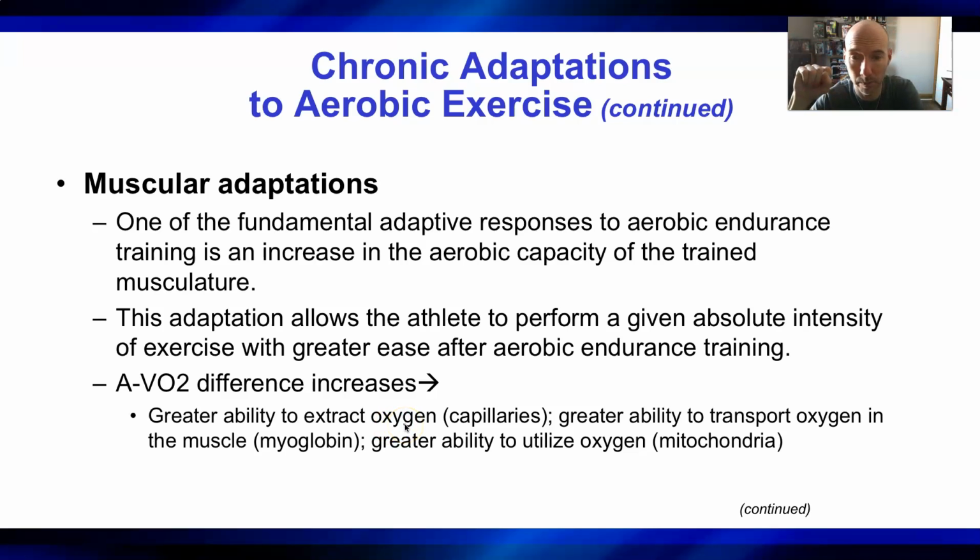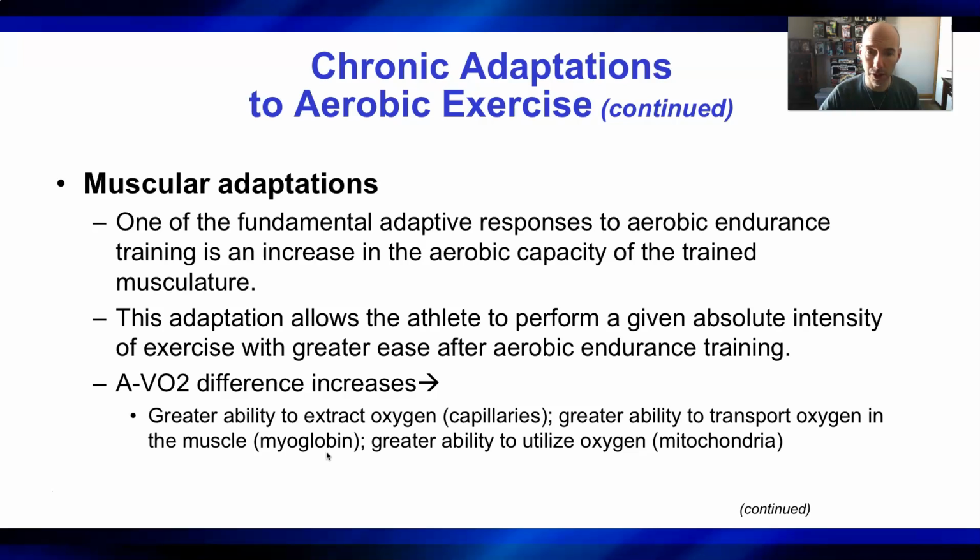Step two, we're going to have a better ability to transport oxygen in the muscle itself. And the way that we do that is by increasing the concentration of this protein called myoglobin. Now that's going to sound familiar to you because you've probably heard of the word hemoglobin. Hemoglobin carries oxygen in the blood.